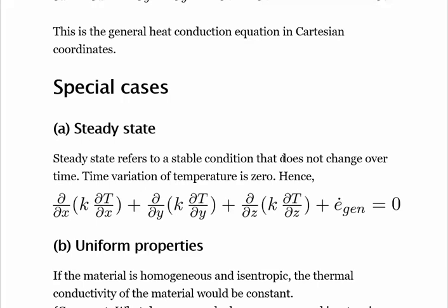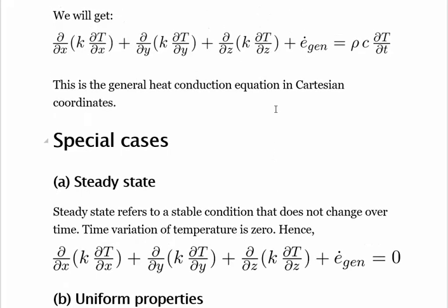Taking the reference from the first equation, you can see the change of temperature with respect to time will become 0 at the steady state. It means rho c ∂T/∂t will be 0, and the right-hand side of the equation will be 0. This case is for the steady state, in which no change takes place with respect to time.